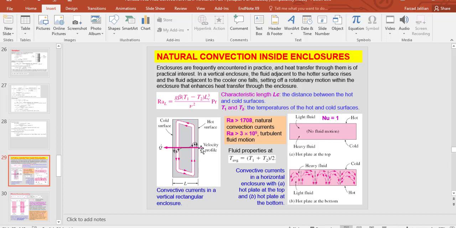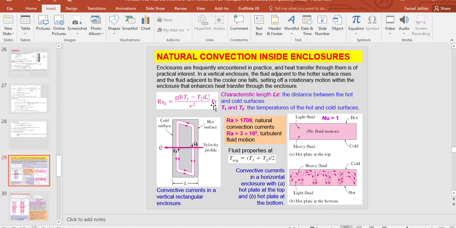So if you remember, we had the Rayleigh number to know how the fluid flow is for natural convection. We use this Rayleigh number to know if the fluid flow is turbulent or laminar.